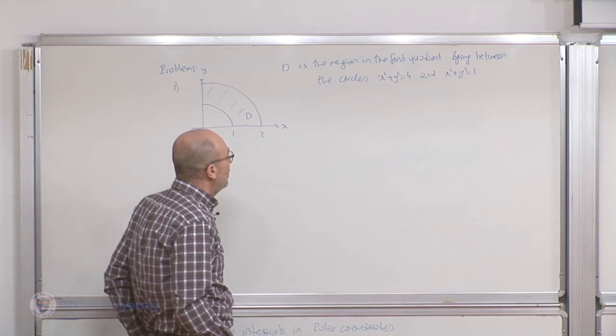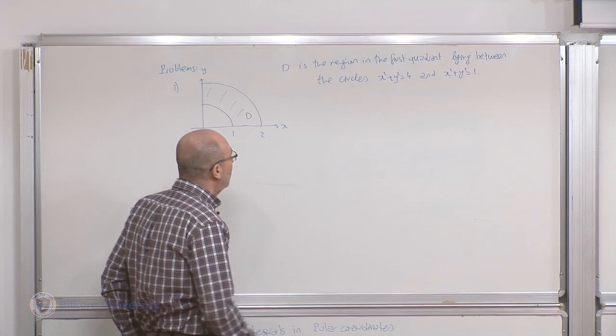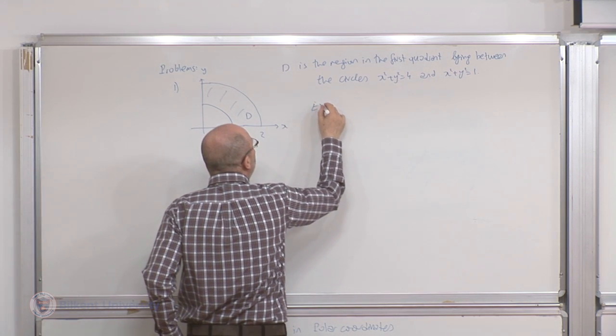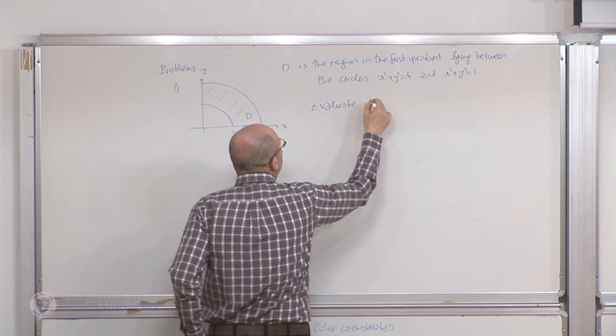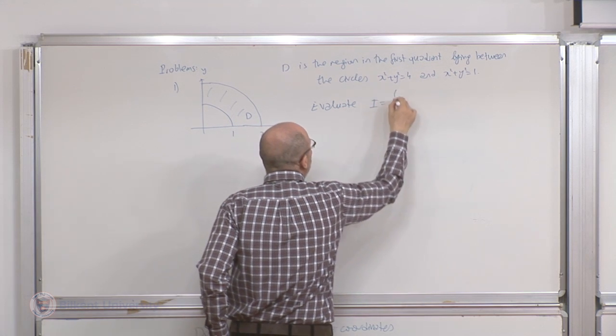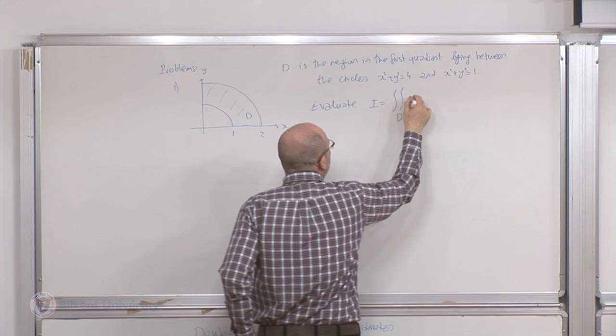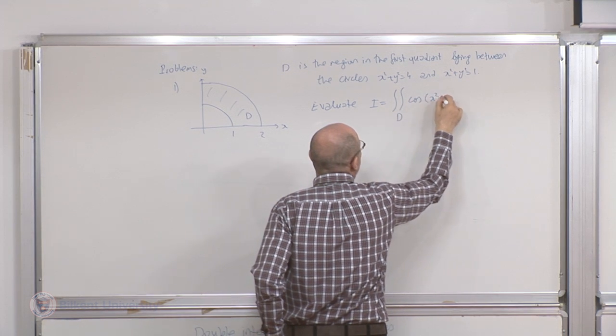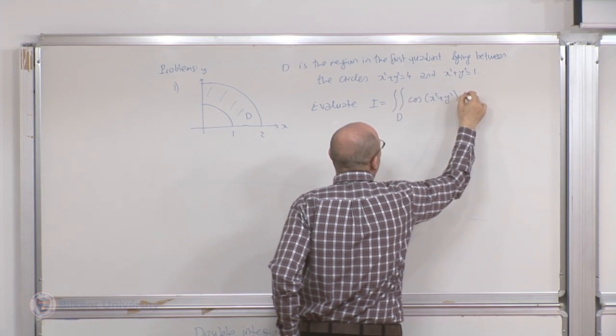Okay, so far easy. No reason to pass to any other coordinates, but evaluate the integral. Let us give a name to this integral: the double integral over D of cosine of x squared plus y squared dA.